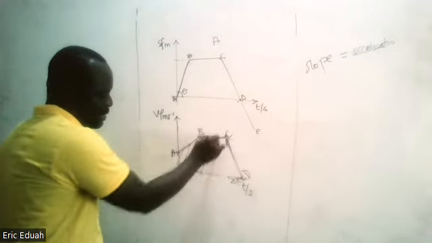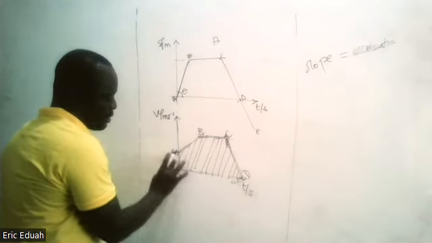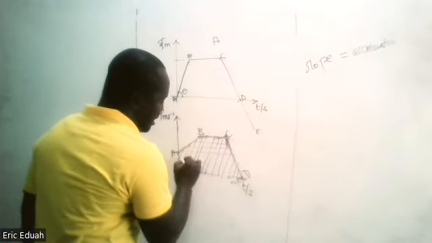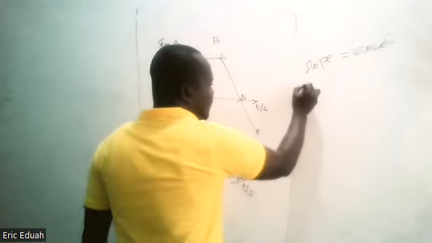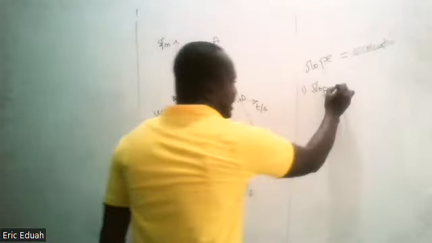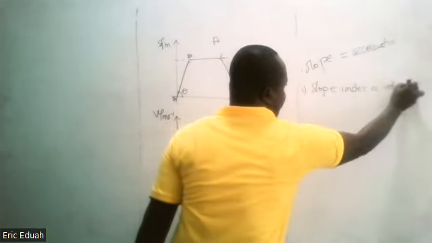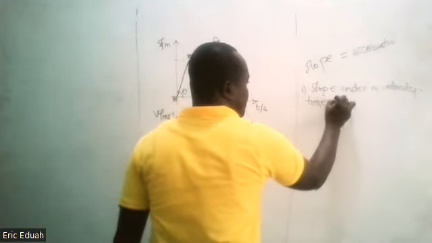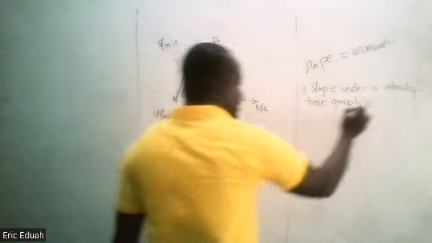So, the first one is that the slope under the velocity time graph is the acceleration.